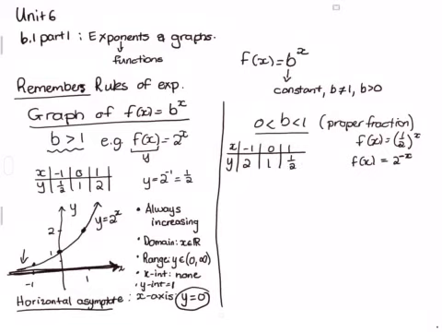So the graph, here's my -1, here's my +1, here's my 1 and my 2. Now -1 goes to 2, 0 goes to 1, 1 goes to 1/2.